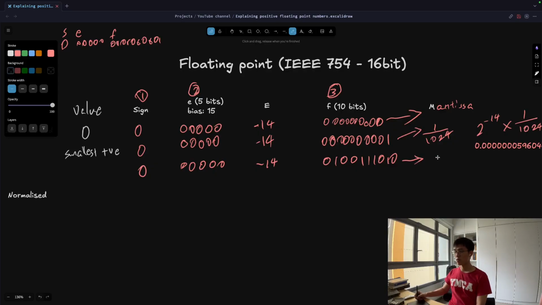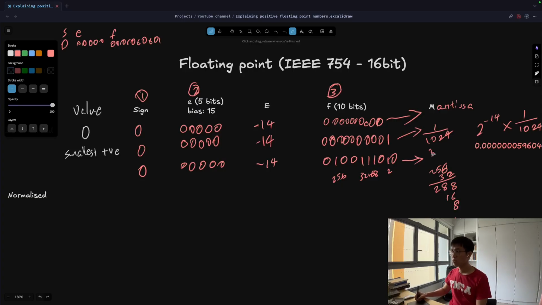Okay, so this fraction here, this is 1, 2, 4, 8, 16, 32, 64, 128, 256. If we add all of that together, we get 314.